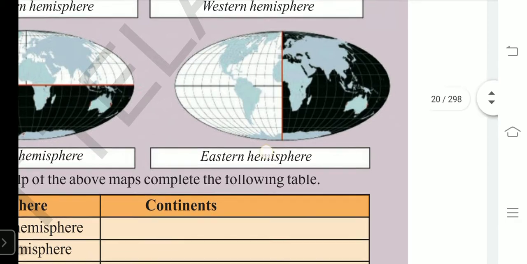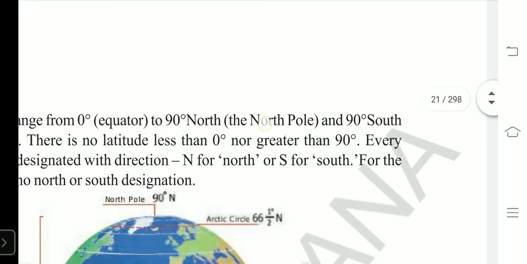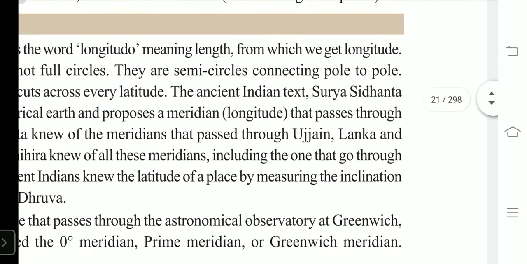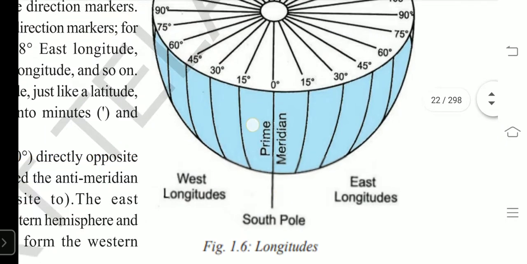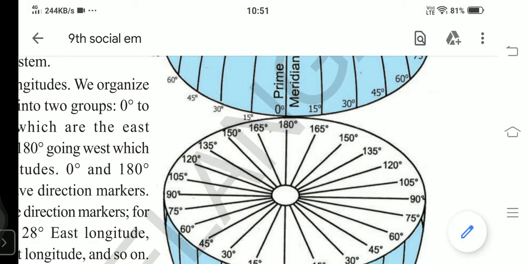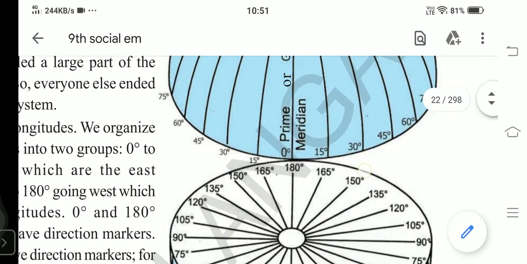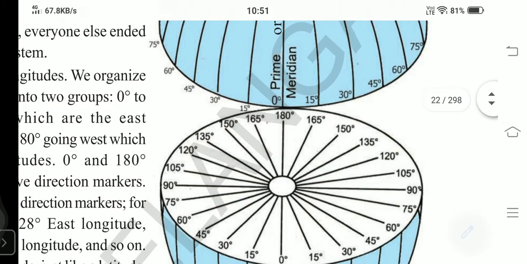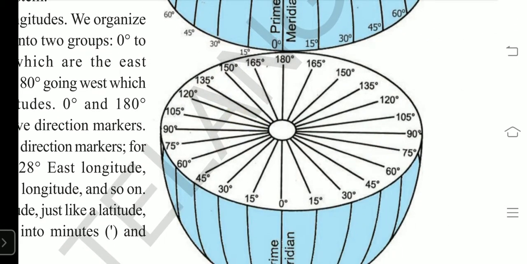The 180 degree longitude is common for the eastern and western hemispheres, right? Look here, the 180 degree longitude becomes 180 for the Eastern Hemisphere and also for the Western Hemisphere. Similarly, the 0 degree prime meridian also becomes common.